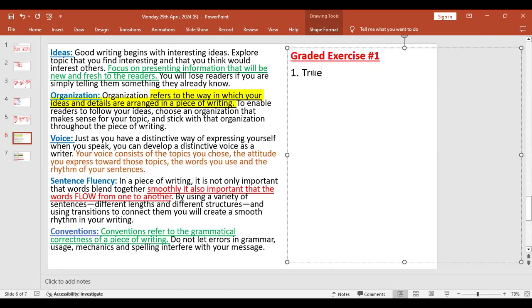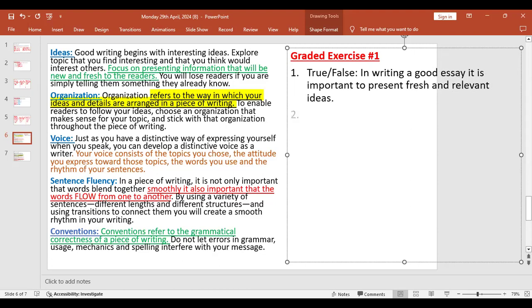True or false? In writing a good essay, it is important to present fresh and relevant ideas.